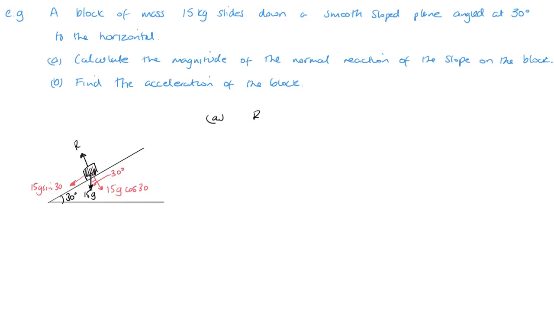So for part A, R is going to be equal to 15g cos 30, because there's only this acting up and only this weight component acting in that direction. So 15 times 9.8 times cos 30 gives me 127.3, which I'll just call 127 newtons to 3 significant figures.